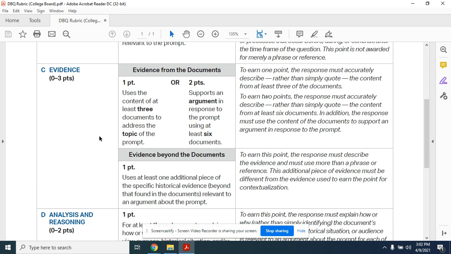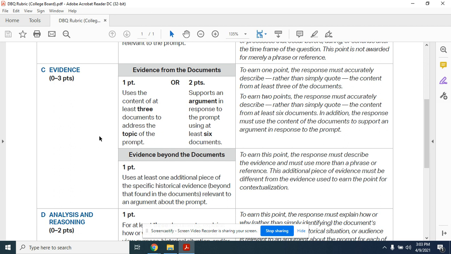The third point is from using what they call evidence beyond the documents, or what I commonly call outside evidence outside the documents. It says you need to use at least 1 additional piece of specific historical evidence that's not in the documents themselves and is relevant to your argument, your claim about the prompt.